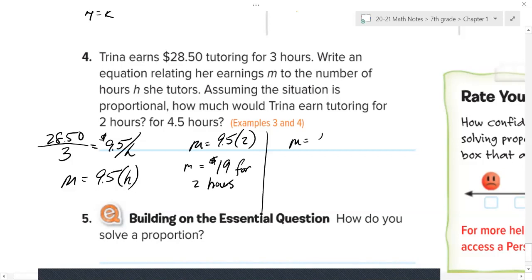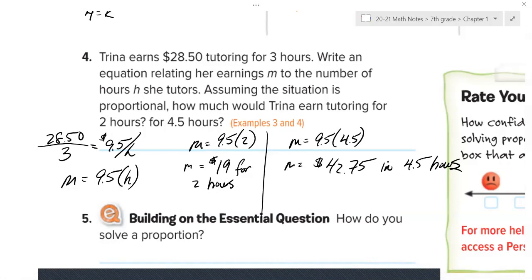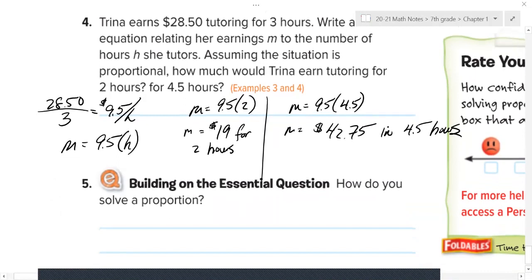And then for $9.50 for 4.5 hours, I do 9.5 times 4.5. So she makes $42.75 in 4.5 hours. You could also do the ratio with proportions with that one. I chose to do the unit rate on that one because that was the most recent example.